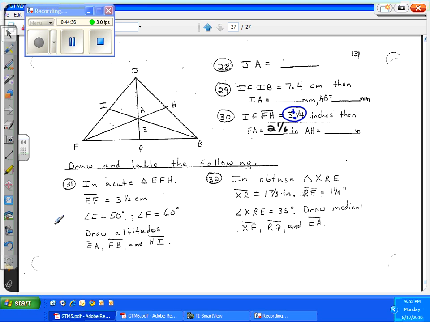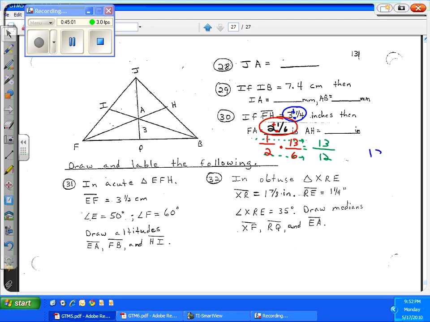So we want to take 1/2 of, which means times, this: 2 times 6 is 12 plus 1 is 13 of those little sixths. We multiply the numerators, and you multiply the denominators, and you get a new name.